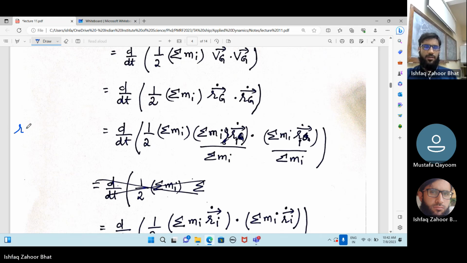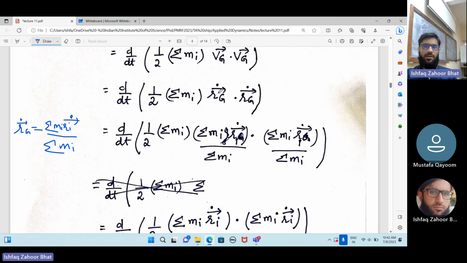So you have this Rg equal to summation of Mi Ri divided by summation of Mi. Similarly, if you take the dot here, you will get dot here.